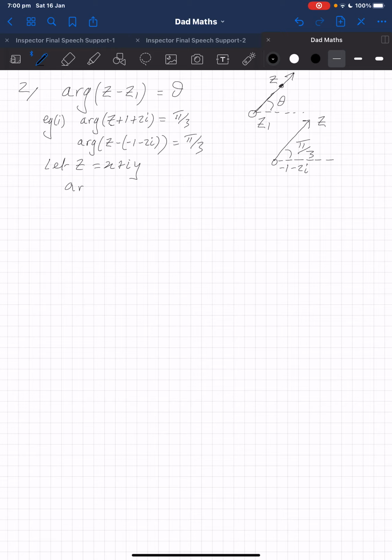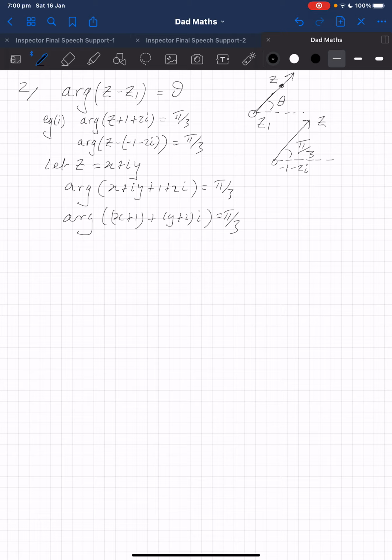Now the argument of z plus 1 plus 2i becomes the argument of x plus iy plus 1 plus 2i equals pi over 3, which means the argument of (x plus 1), the real part, plus (y plus 2)i equals pi over 3.